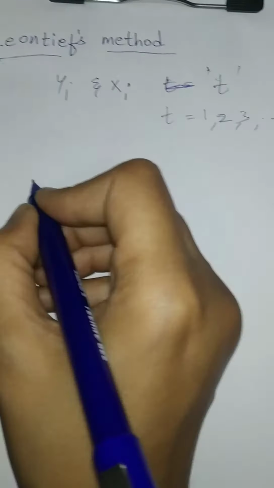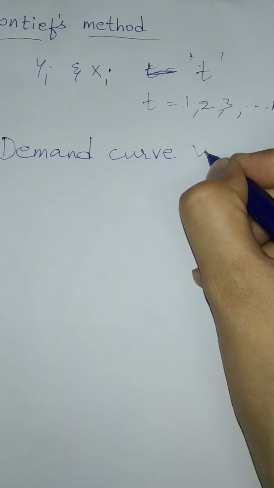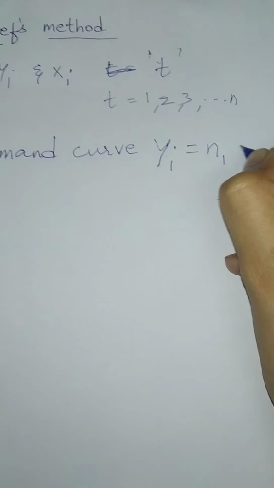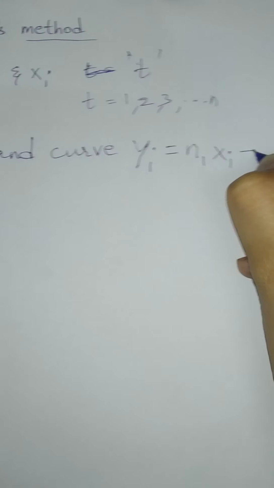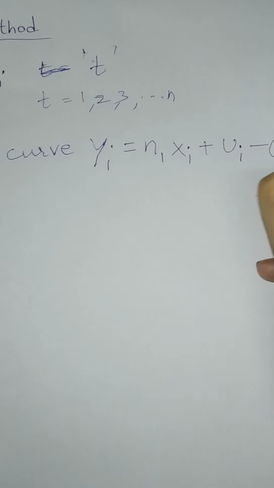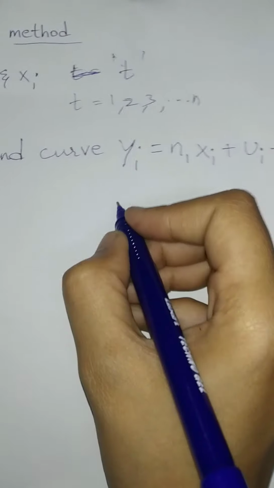If it is a demand curve, we will write it as yi is equal to n1 of xi plus ui. We will denote this as equation 1.